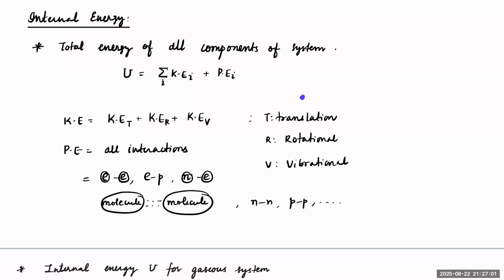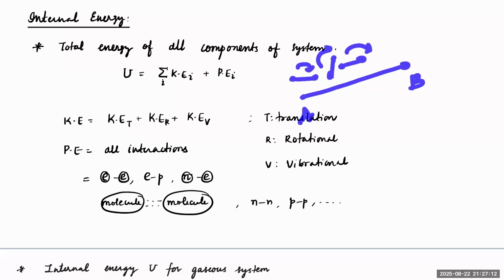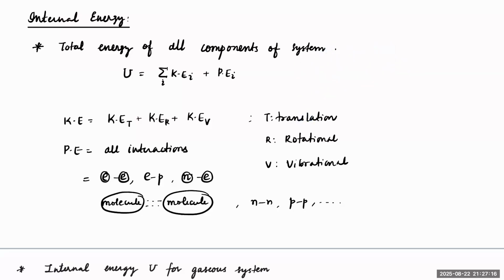If a particle is moving from point A to point B, but while moving it is also rotating like this, then along with a translational motion, it will also have a rotational motion.